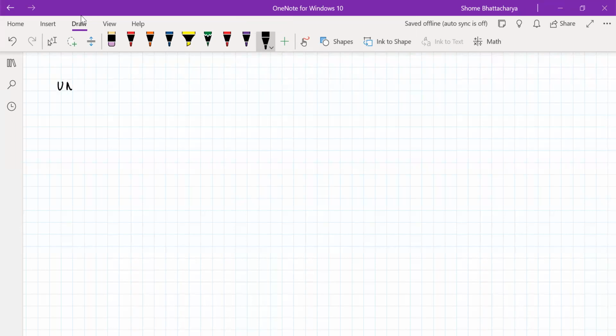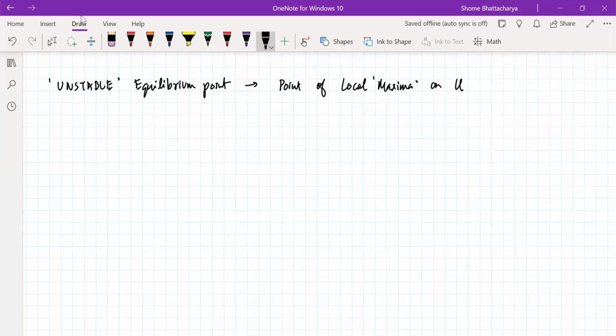So unstable equilibrium point: one way to define it is that it is the point of local maxima on the potential energy versus x graph.